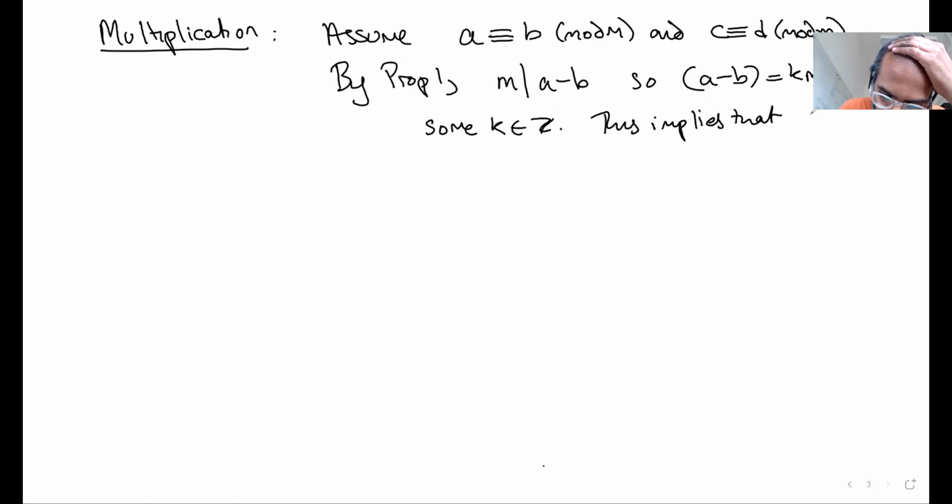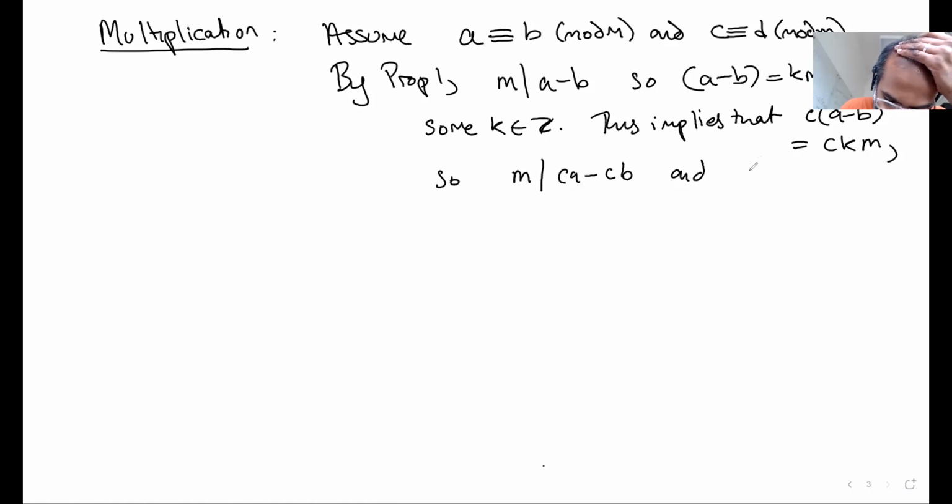If you multiply both sides by C, it's still true: C times A minus B equals CKM. So actually, M divides CA minus CB. And again, by proposition 1, that means CA is congruent to CB mod M.